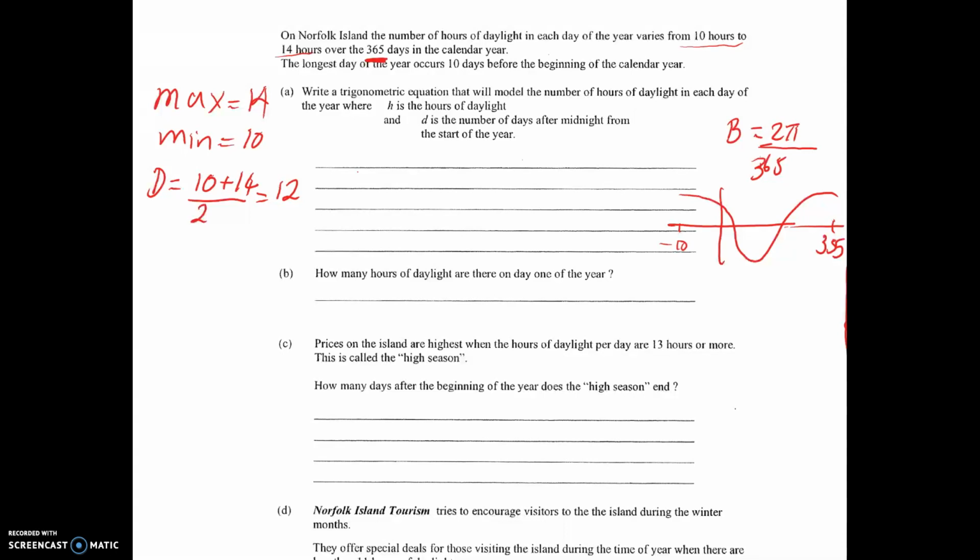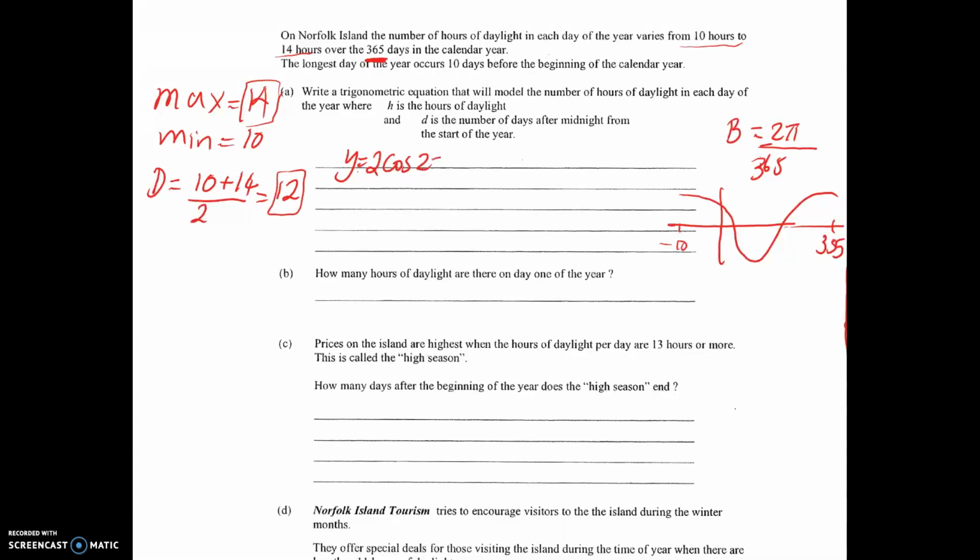Amplitude is the distance between the mean and the max, or the distance between the mean and the minimum. You can see our max is 14 and mean is 12, so amplitude is 2. So we have a model 2, and we said it's going to be a positive cosine function.